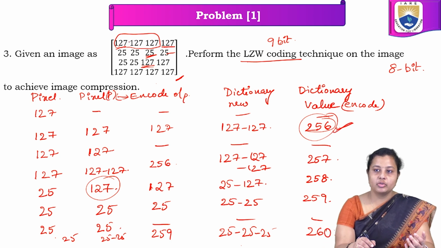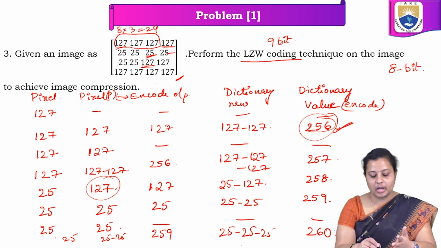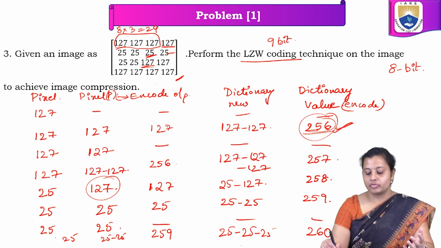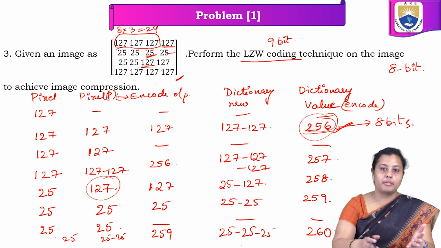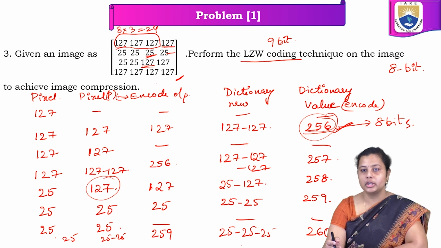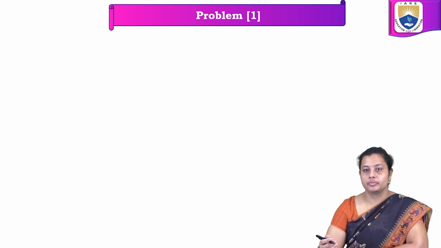So here, instead of using 8 bits for 3 pixels, which is 8 into 3, 24 bits, what am I doing? I am combining all these 3 pixels to be 1 pixel, and that is equal to 256. That I am coding using my 8 bits. So that is how I am able to achieve my compression using the LZW coding technique. Okay, so this process will continue.